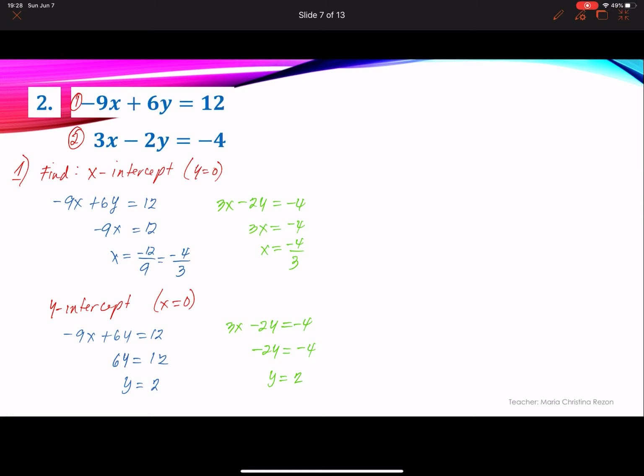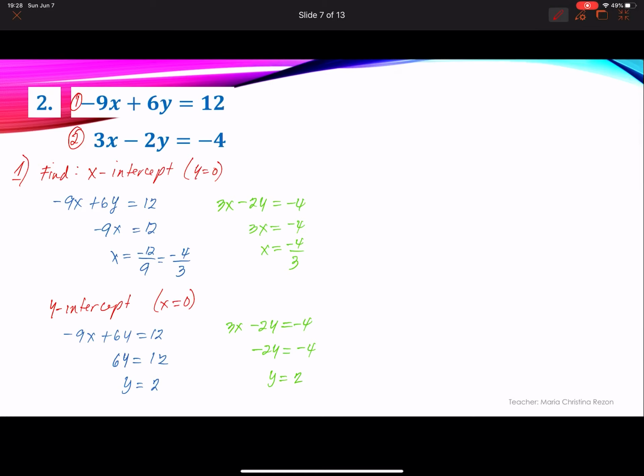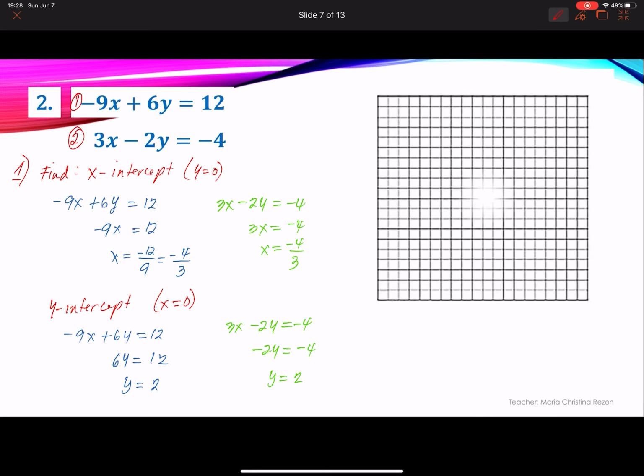So let's graph now. Okay, let's graph our system. We will be doing the scale of 1 is to 1. So this is your y and this is your x-axis.